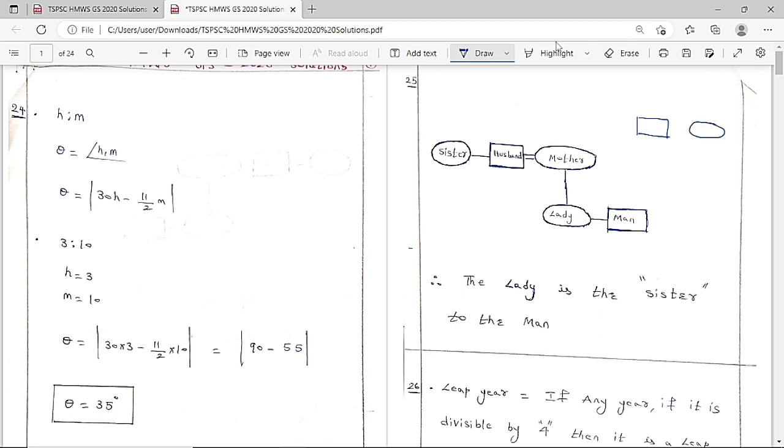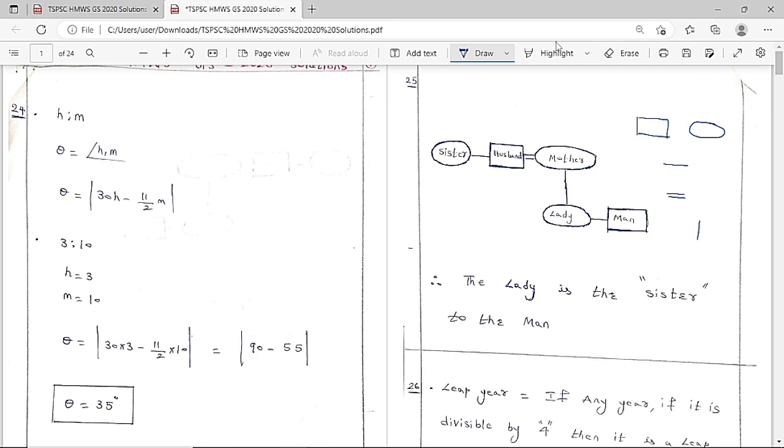If they are brothers, you use a relation like this one. But if they are husband and wife, you use a symbol like this one. Same generation means always write in horizontal fashion. If there is one generation gap, use the vertical line. I already told you these things so many times.